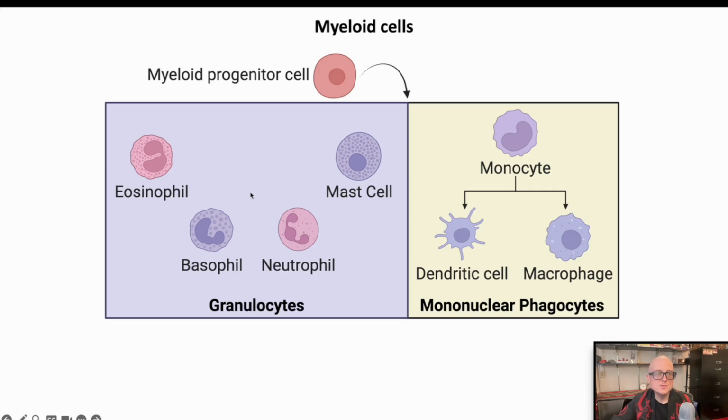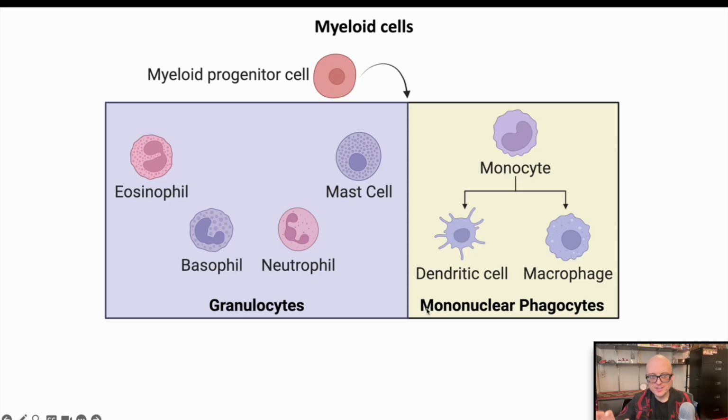Even in these cartoons, you can see they are spotted. They have all these little dots inside their cytoplasm, which are cytoplasmic granules, which contain some very interesting cargo, which we'll discuss as we get into each cell type individually. But as a family, this physical appearance gives them the name granulocyte.